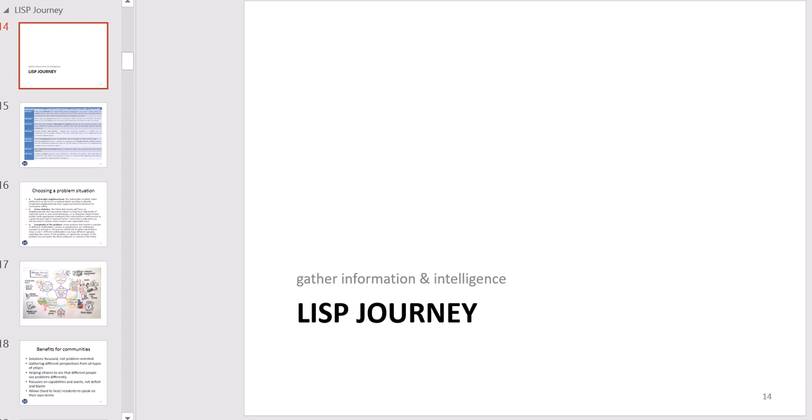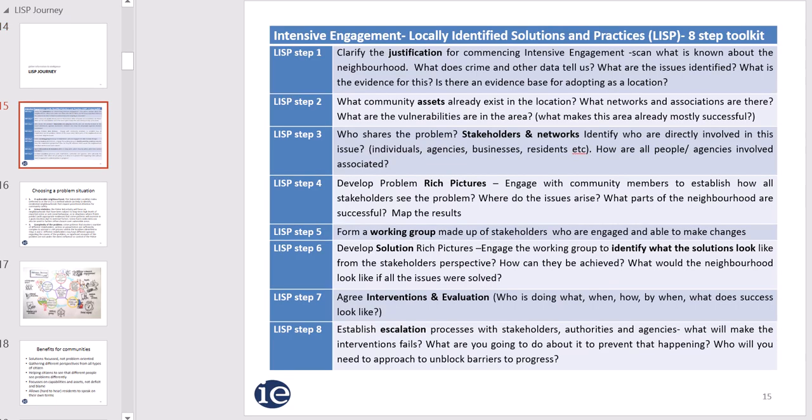In the LISP process, we have developed out of a whole variety of different approaches to community work, community engagement, problem solving, social innovation, behavior change, a really wide variety of different skill sets that are needed. We've brought them together into a consistently repeatable package of activities.